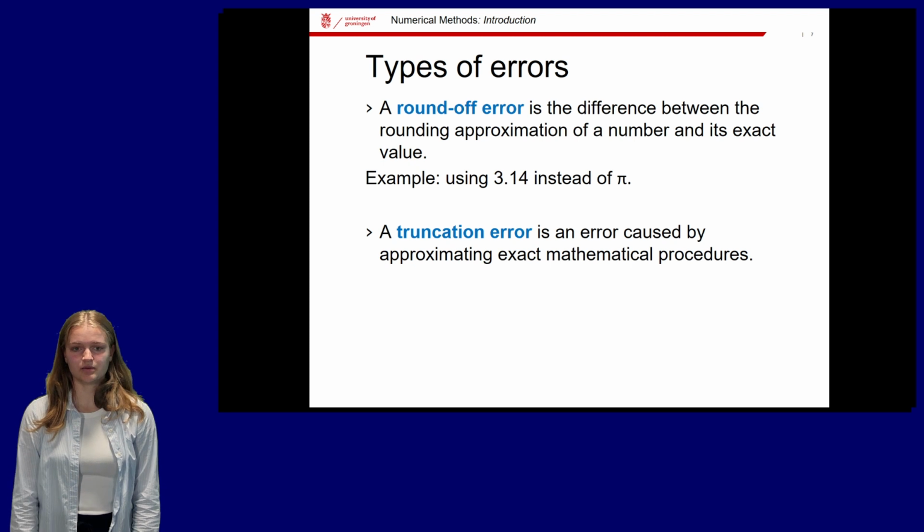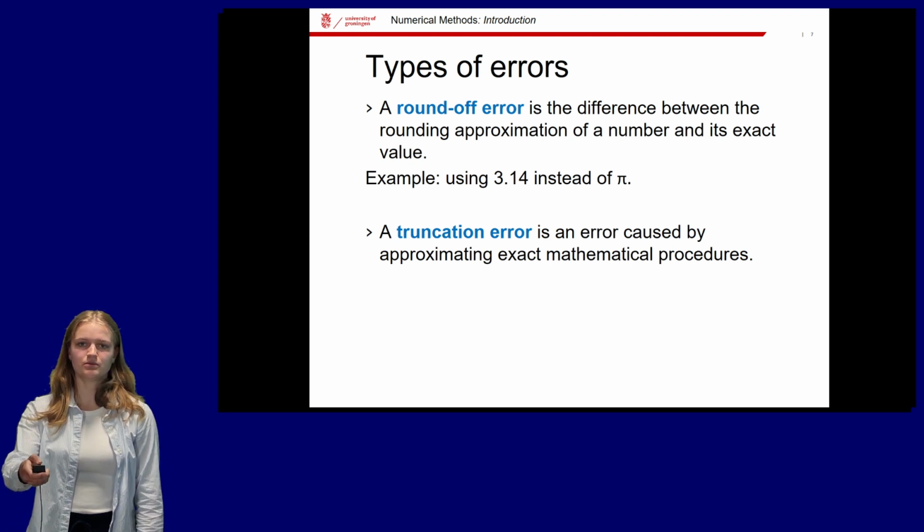And secondly, we also have a truncation error, and this is an error that is caused by approximating exact mathematical procedures. This error is usually inherent to a certain method that we're going to use, and this one you can estimate.